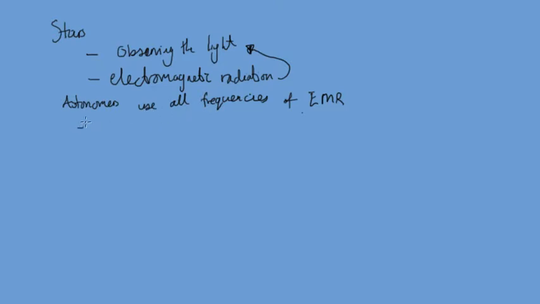So we have the low frequency radio waves, and we have the high frequency X-ray and gamma radiation. So the symbol for gamma is that, gamma rays.